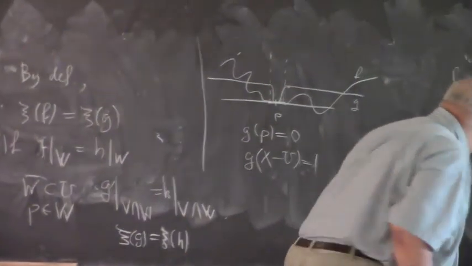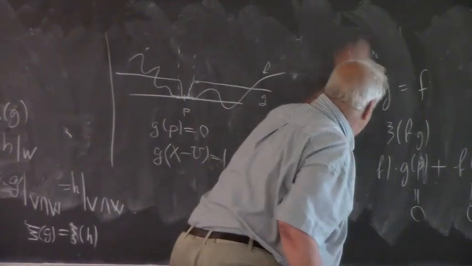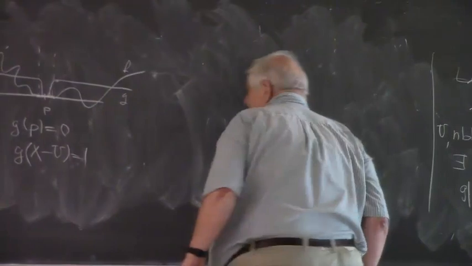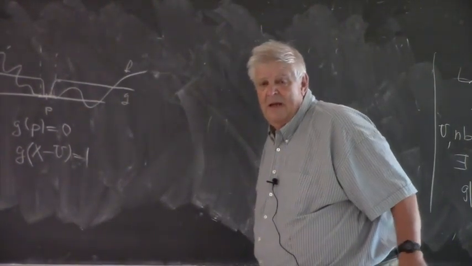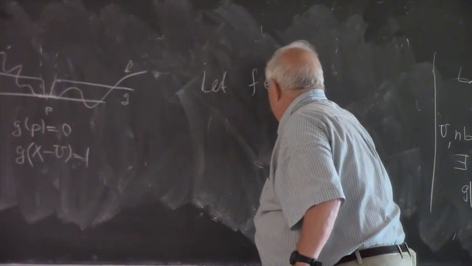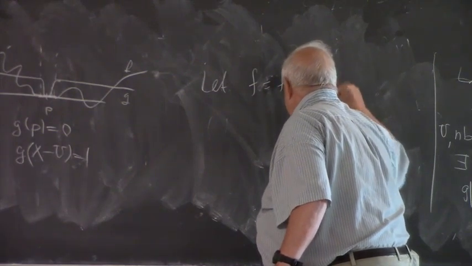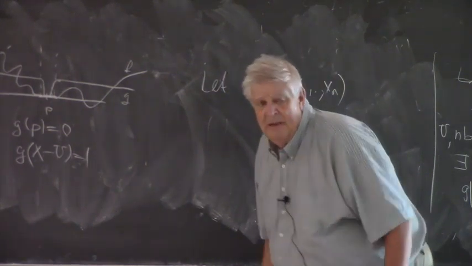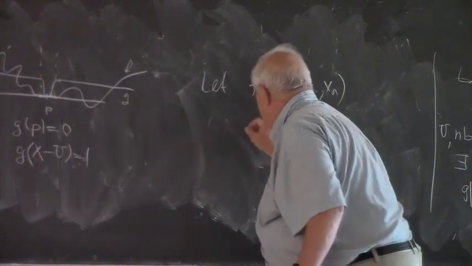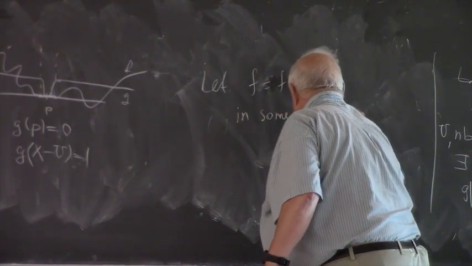So, lemma. Absolutely elementary lemma. Forget manifolds, all this stuff. Suppose that we have a function of n variables, f(x1, ..., xn), defined in some neighborhood of 0, some neighborhood of the origin.